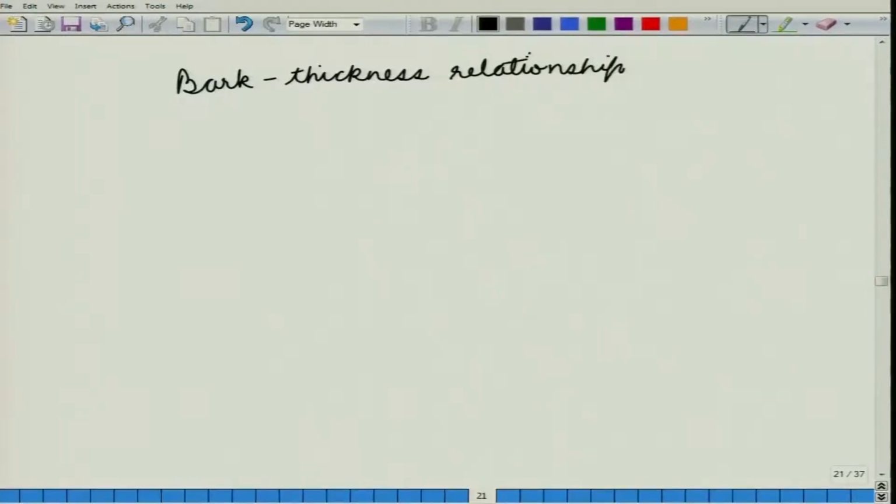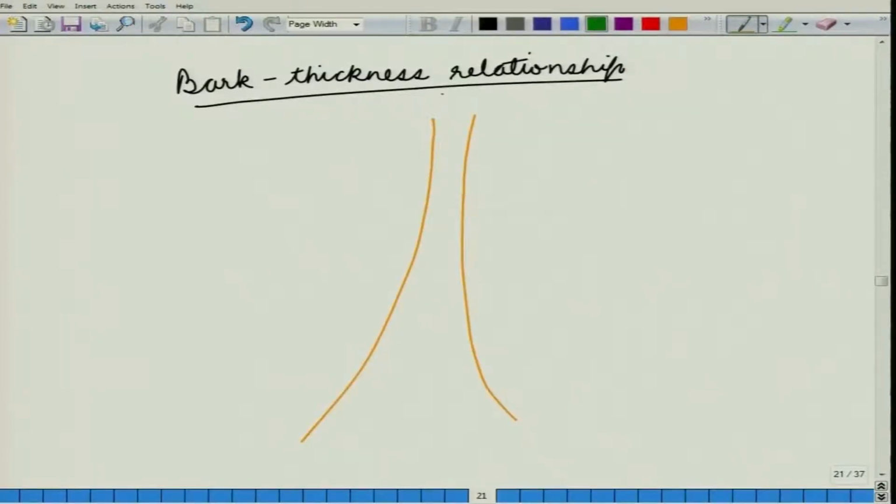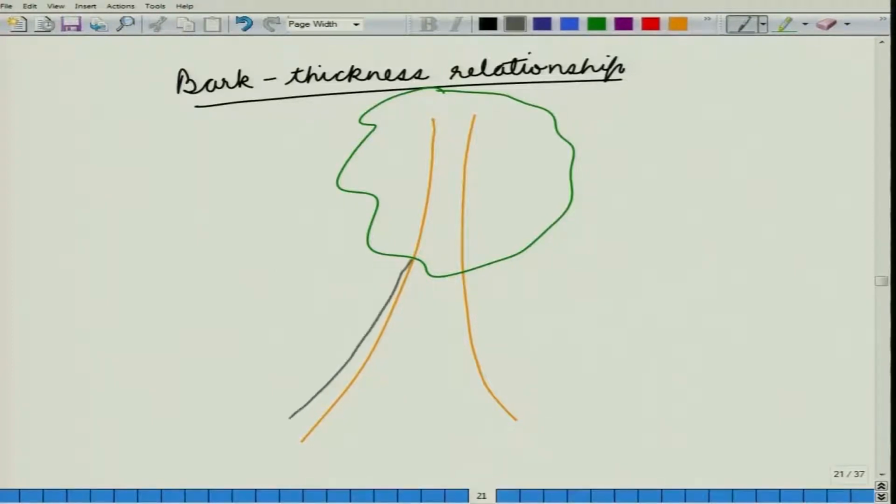Bark thickness relationship. What we mean by a bark thickness relationship is, consider a tree. Now, this tree is having bark. So, does the amount of bark decrease as we go up?